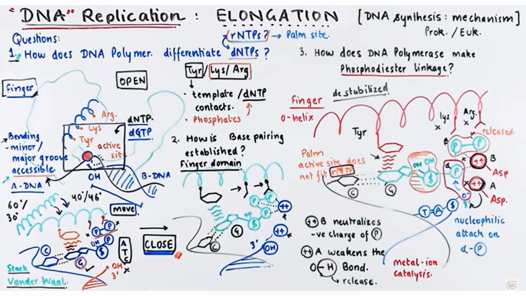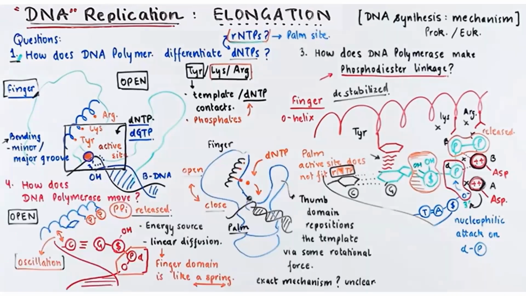All right, we have already discussed the biochemistry of elongation. If the dNTP is correctly fit, the polymerase proceeds.